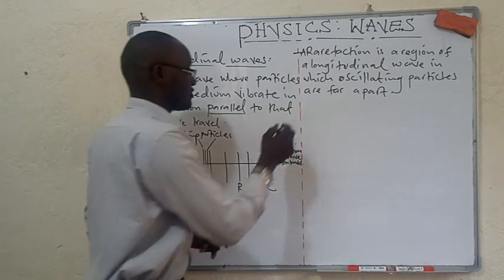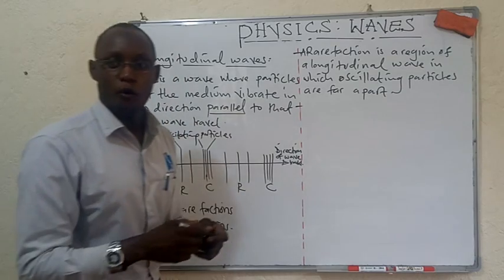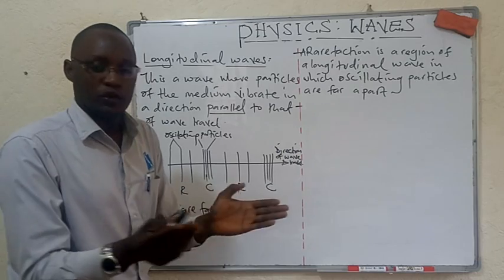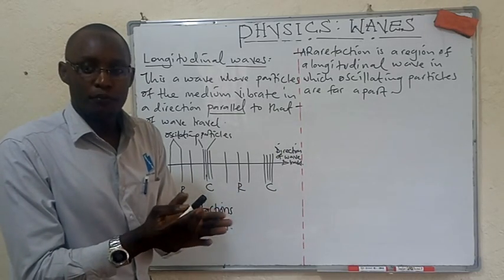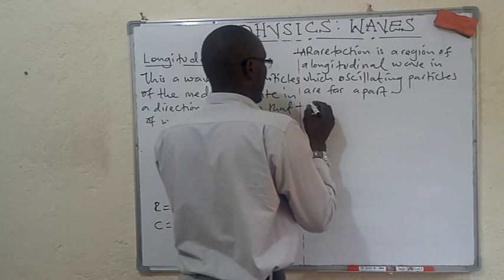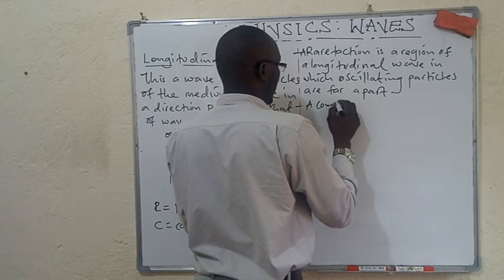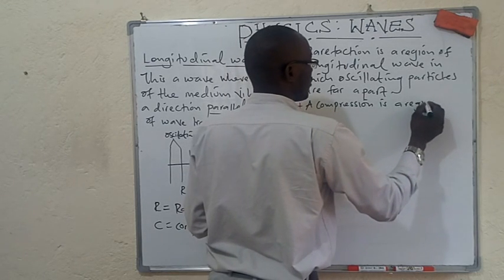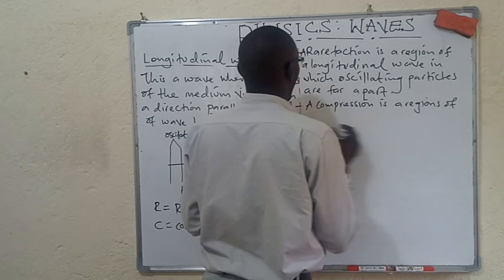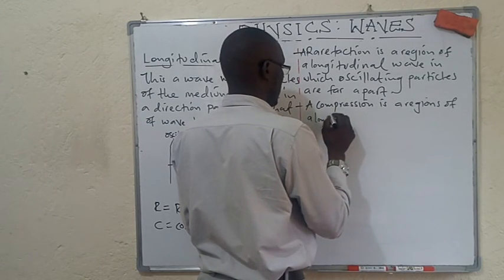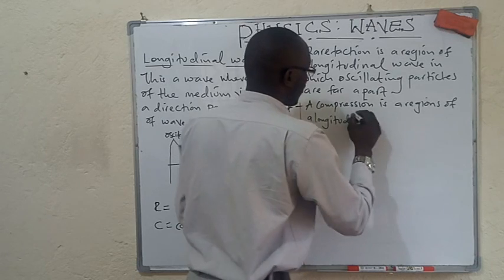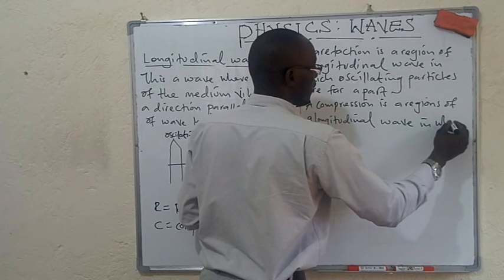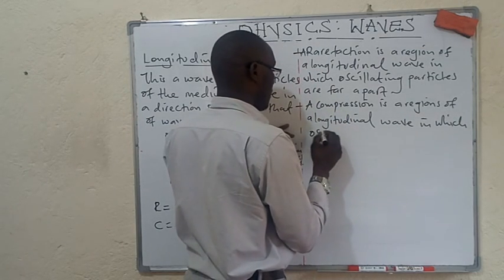What about compressions? The opposite is true for compression. Where particles are close together, those are compressions. So a compression is a region of a longitudinal wave in which oscillating particles are close together.